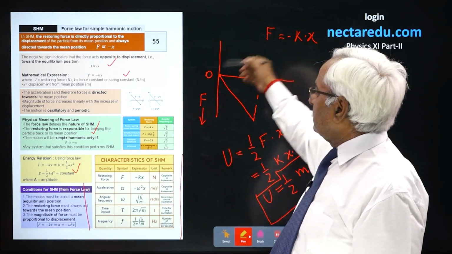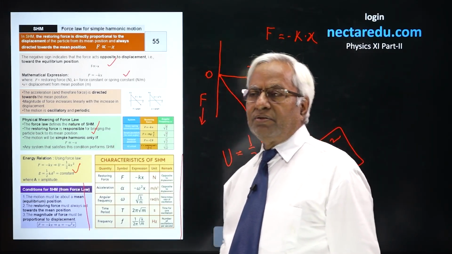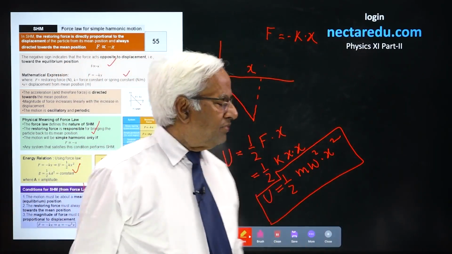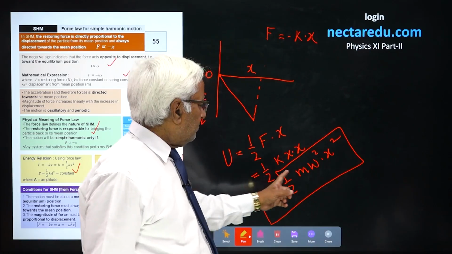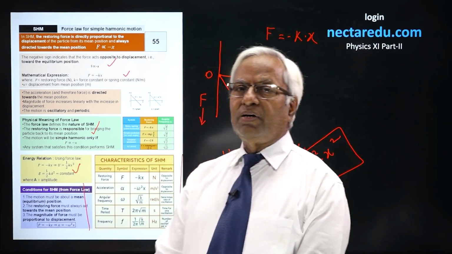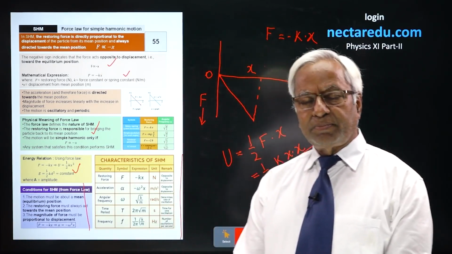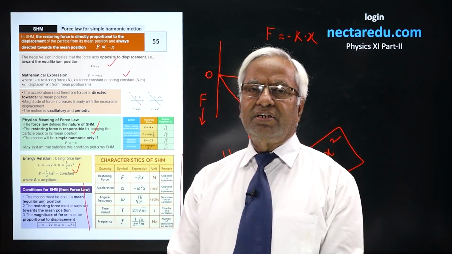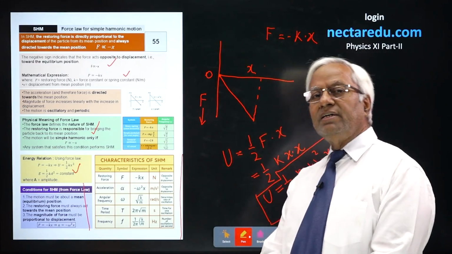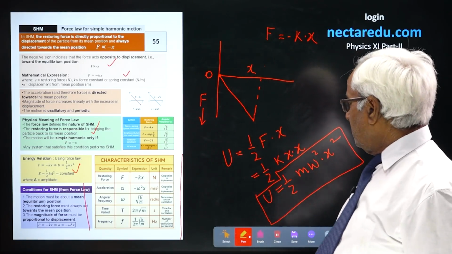In coming lectures, when we cover the types of pendulum, I'll tell you different pendulums have different values of constants. Most essential condition for simple harmonic motion is that displacement, velocity, acceleration, all are variable. They change with distance and with time as well.